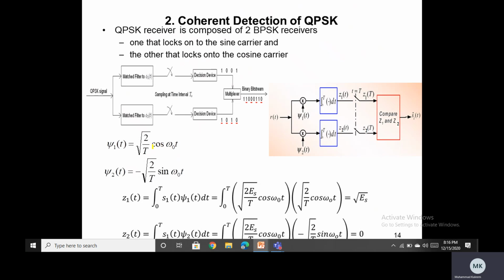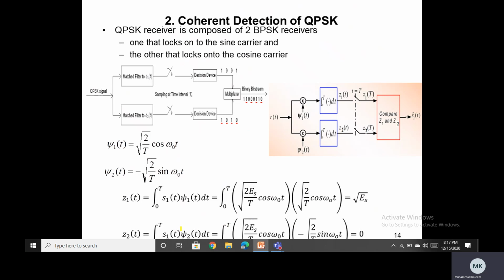So these are two basis functions, psi1(t) and psi2(t), because it's in-phase and quadrature phase, and the equation can be written as z1(t) as the integral from 0 to capital T of s1(t) psi1(t) dt. If you put in the value of s1(t), which we saw in the previous equation, and plug in the value of the basis function psi1(t), then we integrate over 0 to T, we get Es, which is the symbol energy, which means a 1 is being transmitted.